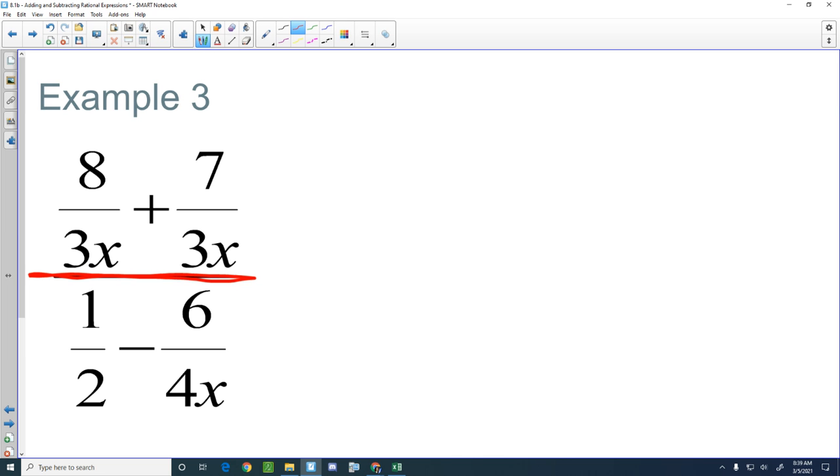So much fun, right? There's no x on that. Well, you can just simplify the numbers. Okay, that's fine. And then you just leave that x on the bottom.